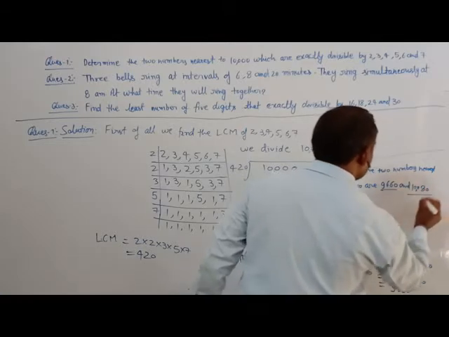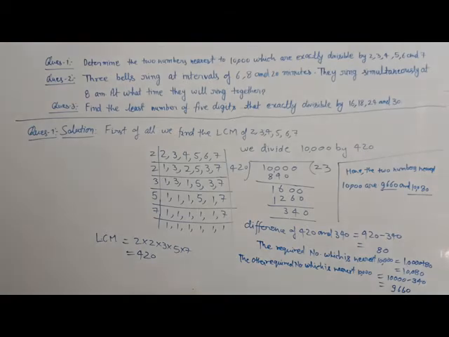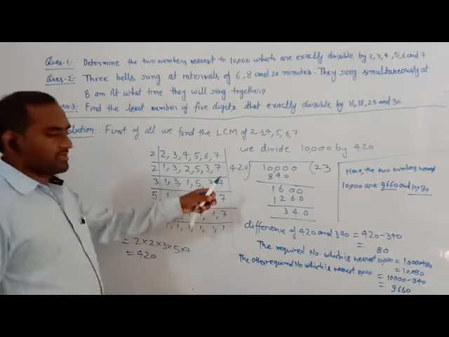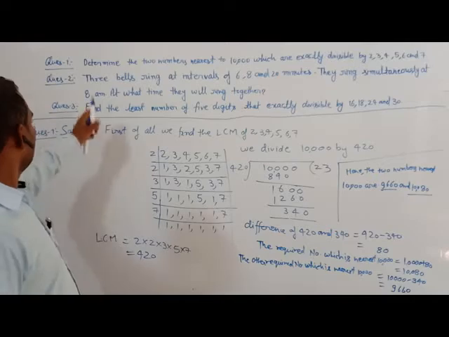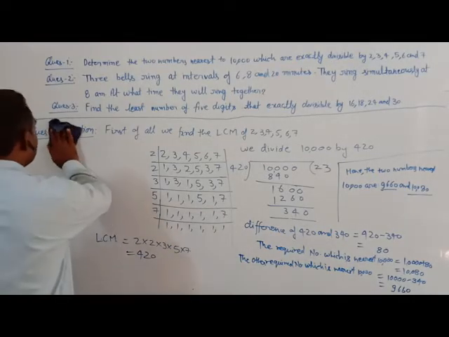These are two numbers which are nearest 10,000. So you can solve this type of question from exercise books. Now we solve the second question.